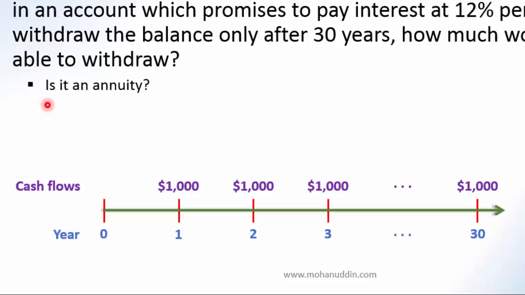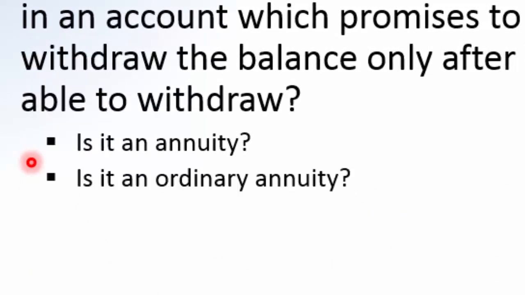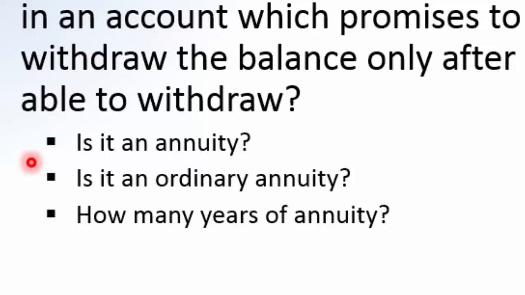I have already mentioned that, but this is the process that you should follow when you solve this kind of problem. At first you have to make sure that it is an annuity, and then you have to make sure that it is an ordinary annuity, because for annuity due the formula will be a bit different, which we will discuss in another lecture. And how many years of annuity, that is another thing.